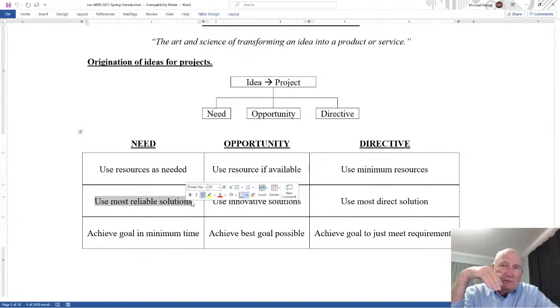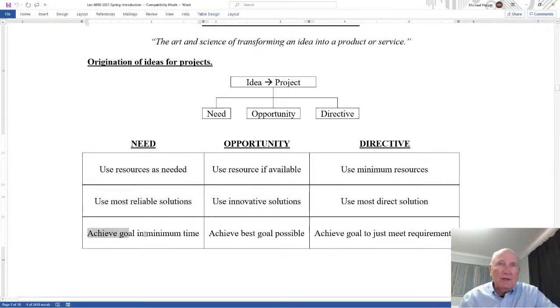Because if you don't achieve it, it's critical. And achieve the goal in a minimum time. And so, since it's needed, make sure the time aspect becomes very important. And notice you're using your reliable resources, and timing is important. So timing takes precedence over cost or resources because it's needed.